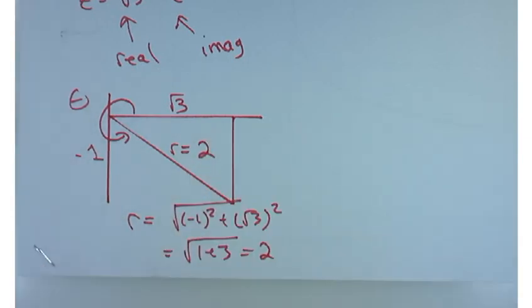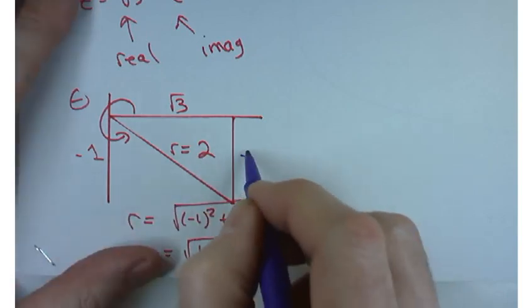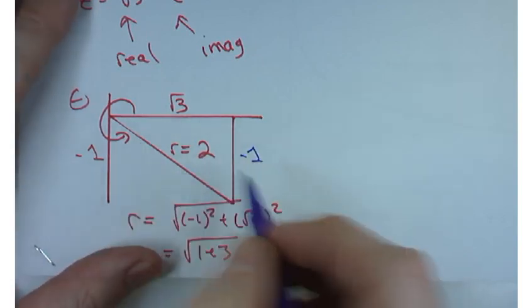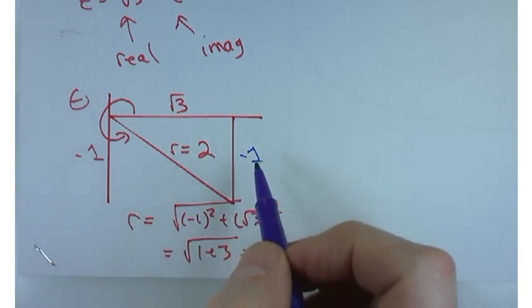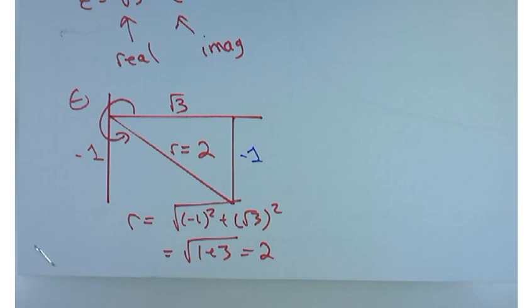How are you going to find theta? You've got lots of choices. You could use inverse sine, inverse cosine, inverse tangent. What's going to work though? I'd go with the one that makes it easiest. This is a negative 1 here. So the ratio of these two sides, the negative 1 and the 2, goes along with which trigonometric function?